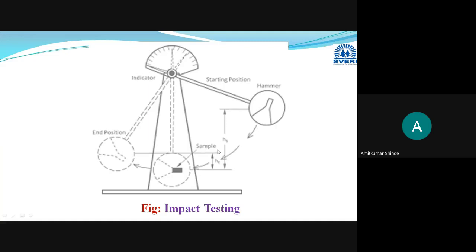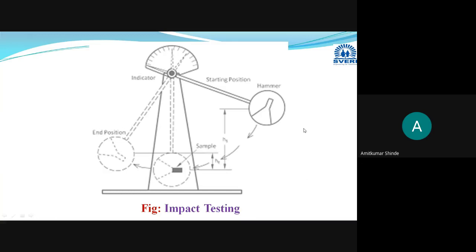Tension will get created, and the corresponding reading, or the energy lost due to that swinging beam, will be termed as the impact strength here, or the tensile impact energy.